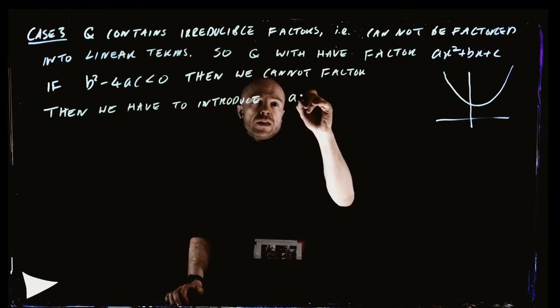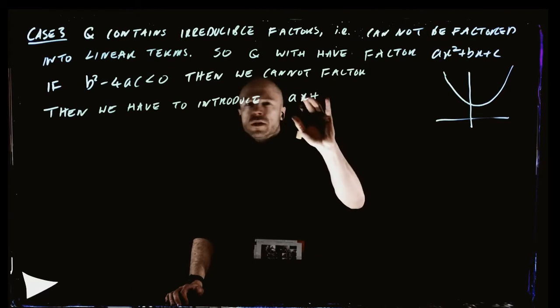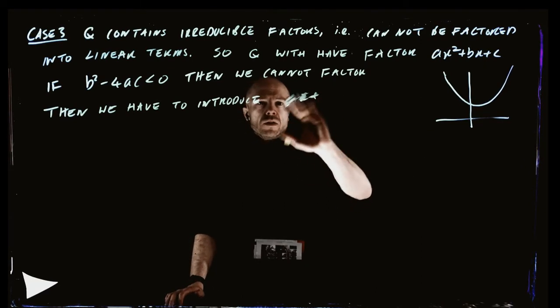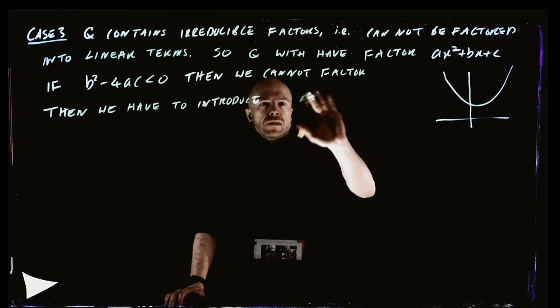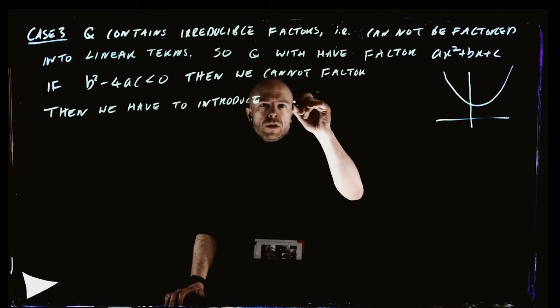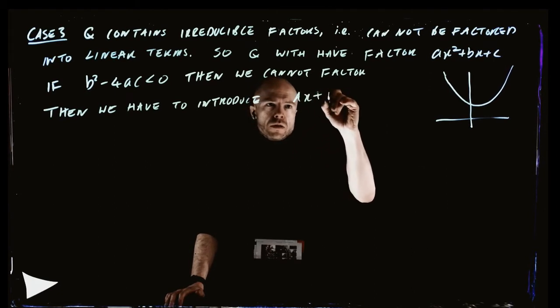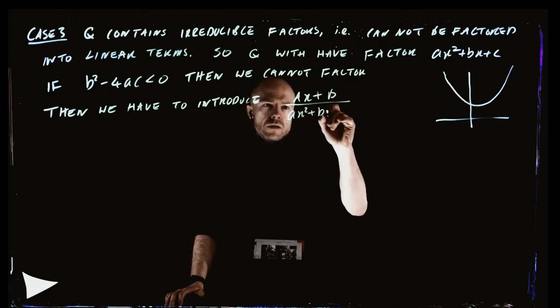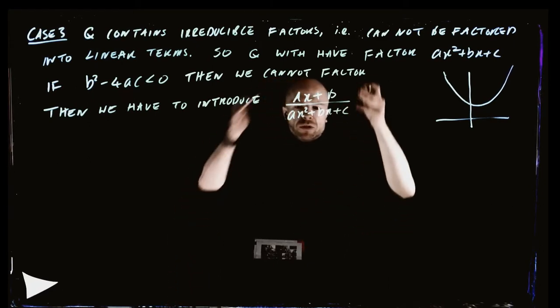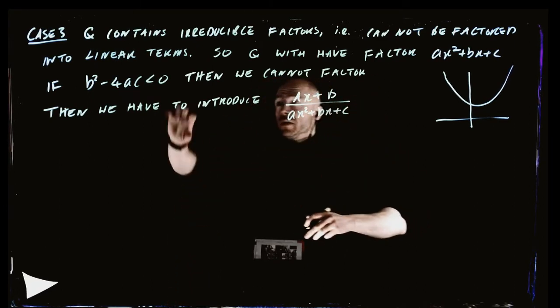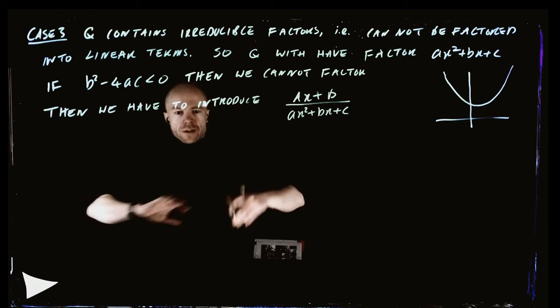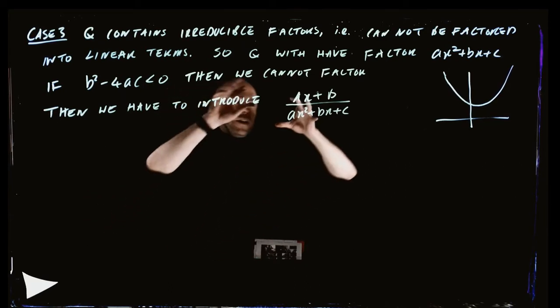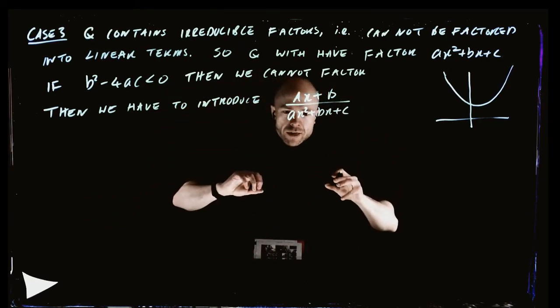We're going to write capital A x plus capital B over this quadratic. So everything else will be the same, except we have to stick this in as well to deal with the irreducible quadratic.